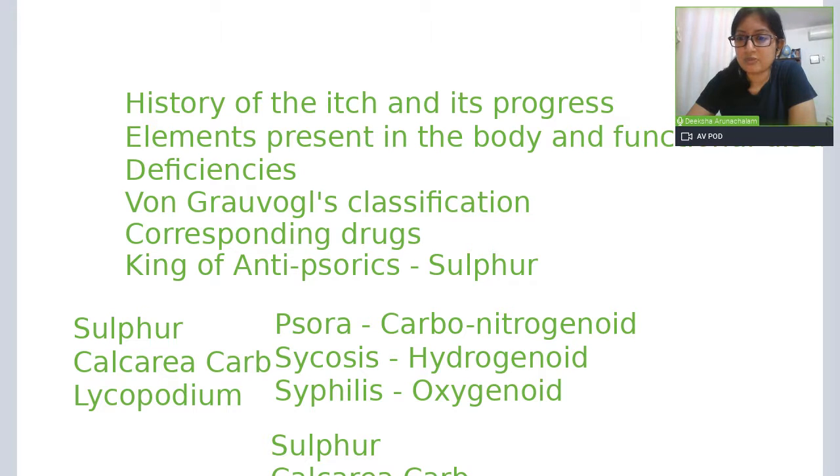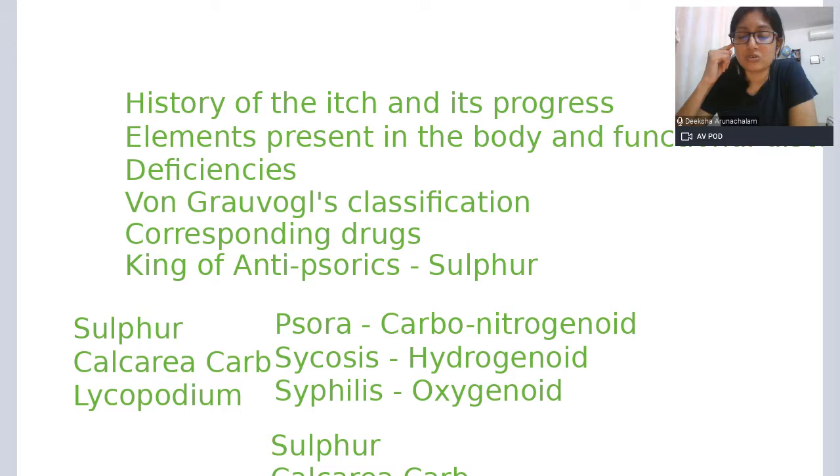Yesterday you told you will explain about carbo-nitrogenoid constitution. I did explain. I gave such a big explanation on carbo-nitrogenoid. I've written it over there, no? Von Grauvogel's classification. If you've missed it or couldn't hear it, I'll tell you in short. Carbon and nitrogen are the two most common elements present on the earth, as well as in organic chemistry.